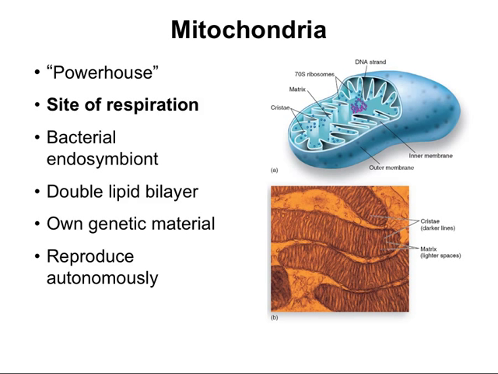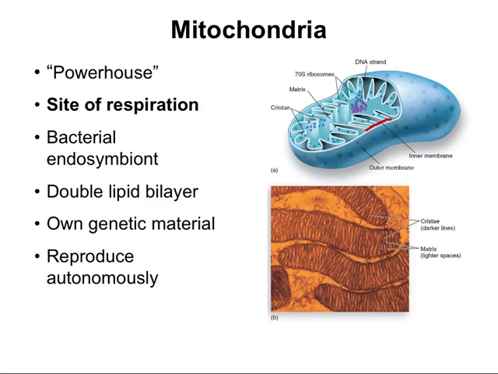All cells have mitochondria because they need to generate ATP in order to do their daily functions. As we covered earlier, both mitochondria and chloroplasts most likely arose by the process of endosymbiosis, where a larger prokaryotic type cell engulfed some smaller prokaryotic type cells, and this is how they became double membrane bound. You can see this double phospholipid bilayer here.